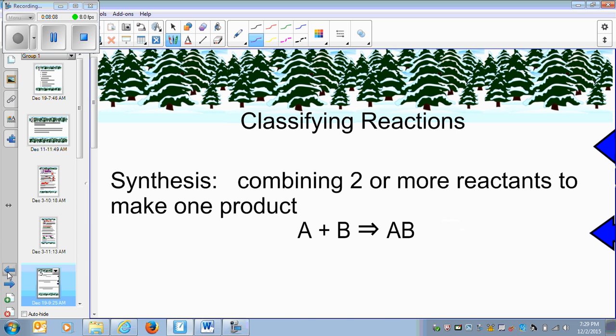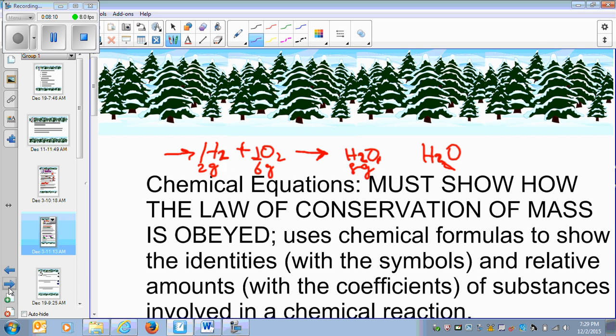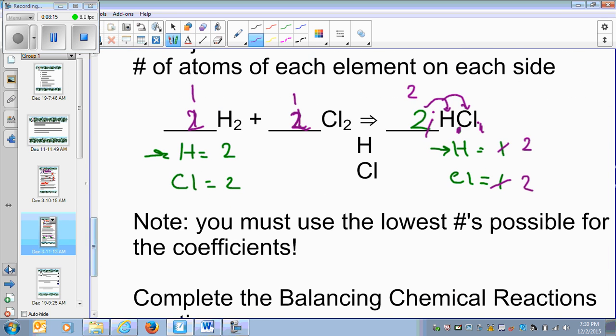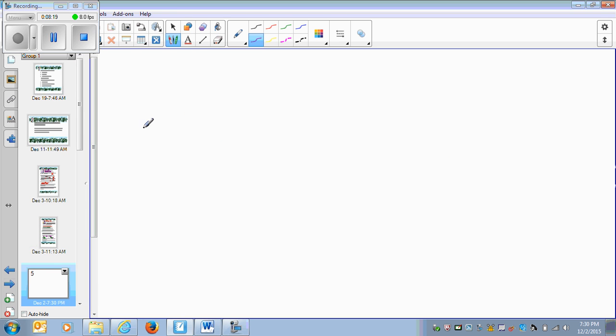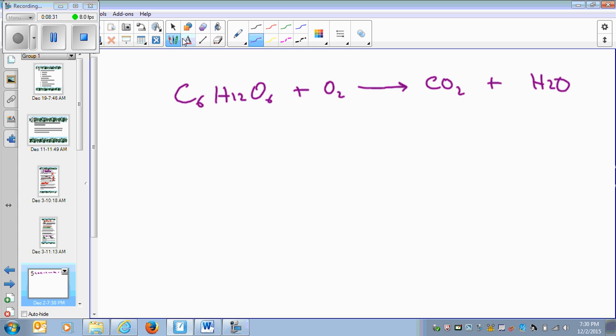Let's do some more examples. I have C6H12O6 plus O2 to yield CO2 plus H2O. Let's count the number of atoms.